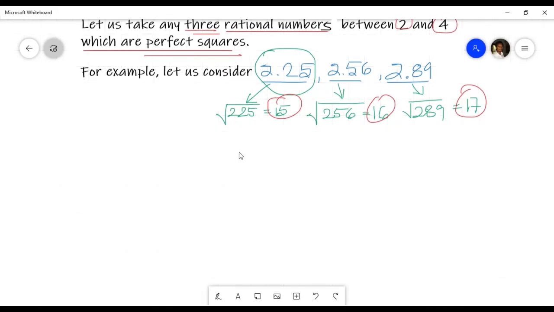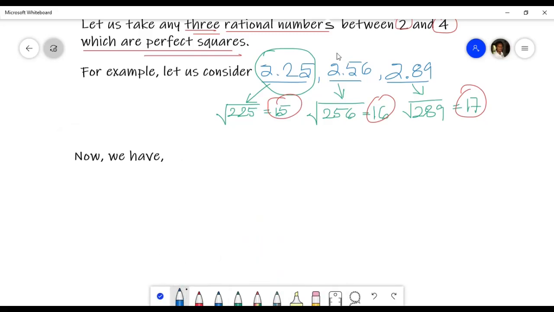Okay, I hope you have understood till here. If you understand why we have taken these three numbers between 2 and 4, now we have the first term that we have taken, root 2.25, which is the perfect square of 1.5.